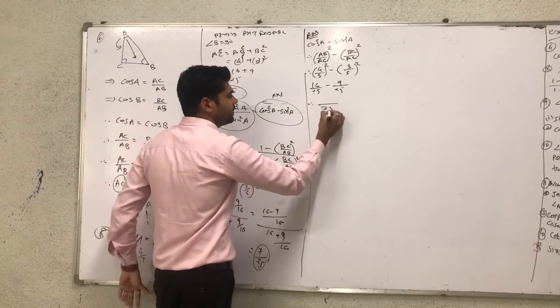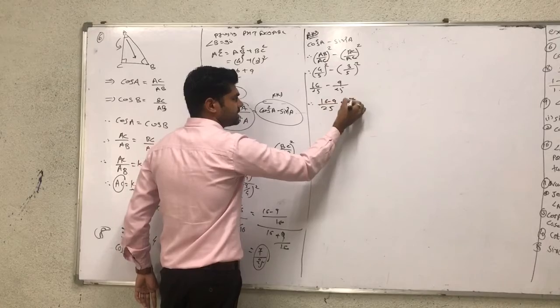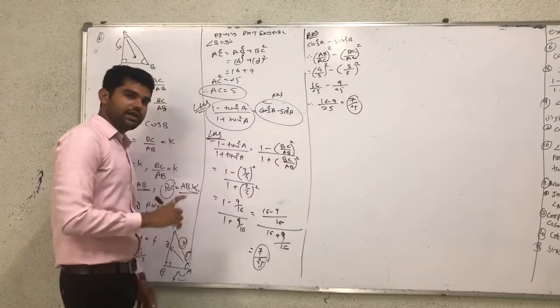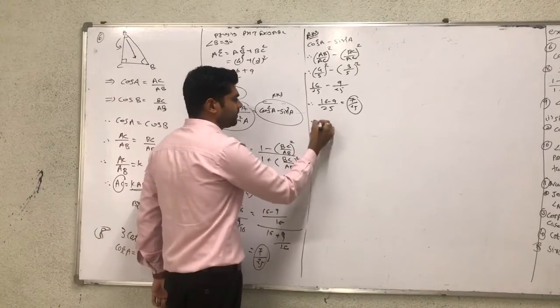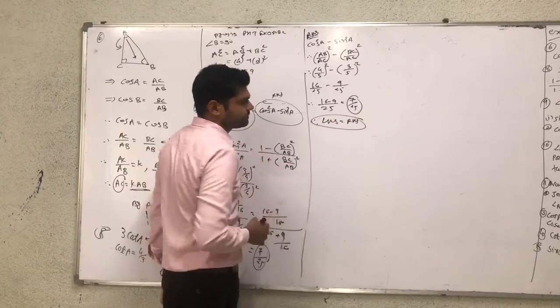LCM is 25. Therefore 16 minus 9 is equal to 7 divided by 25. So the answers of LHS and RHS are both equal. Therefore LHS is equal to RHS.